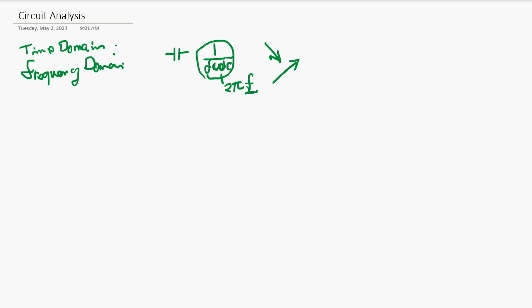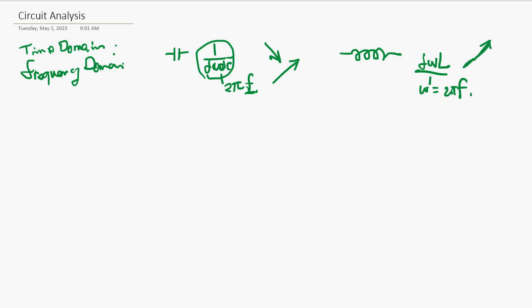Okay, and the inductor, this impedance is j omega L, and this omega is 2 pi f. So this is the opposite trend: the inductor impedance increases as frequency goes high.